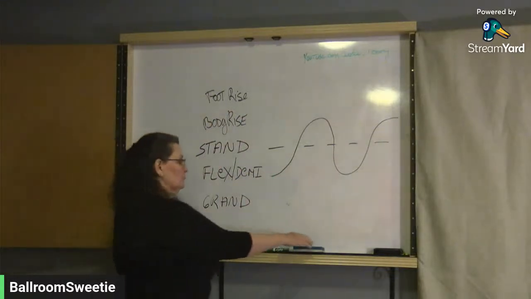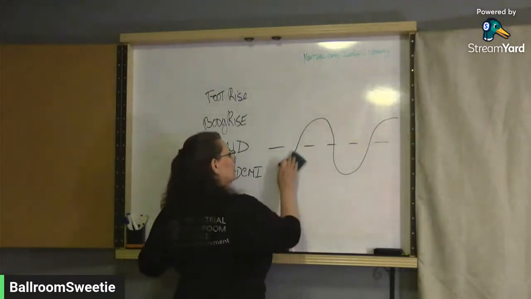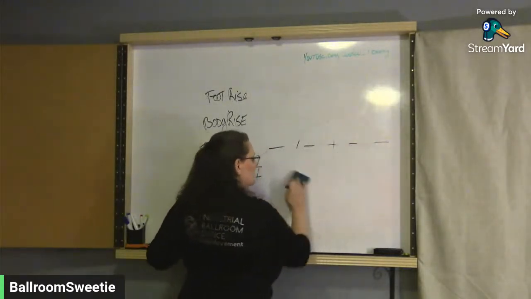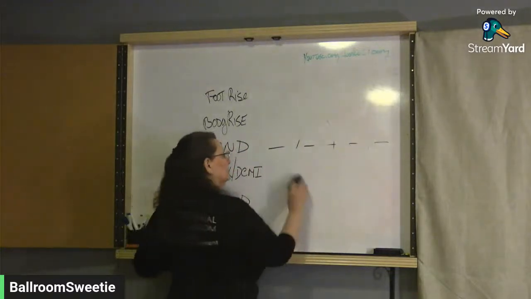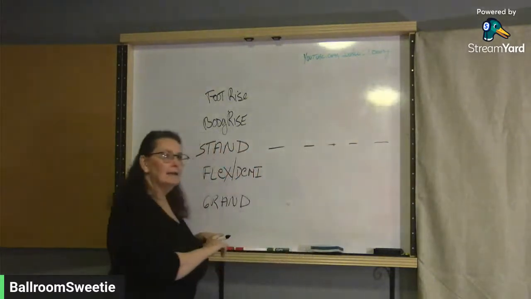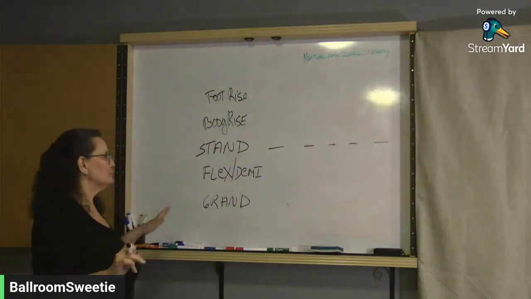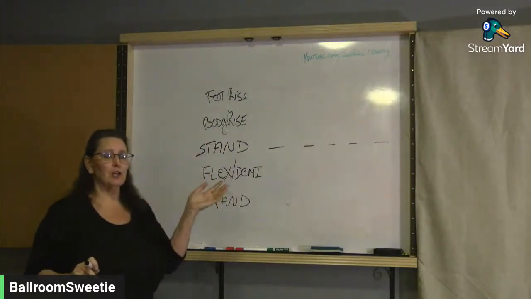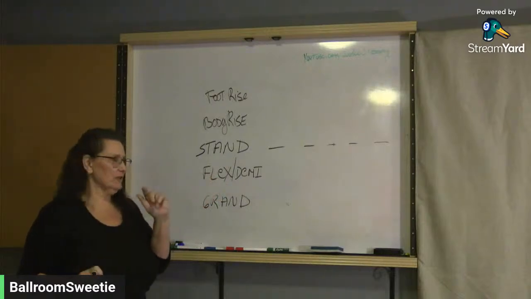Okay. Now we're going to go to, say, tango. All right. So in tango, my simple answer is there are no straight legs, but that's not 100% true.